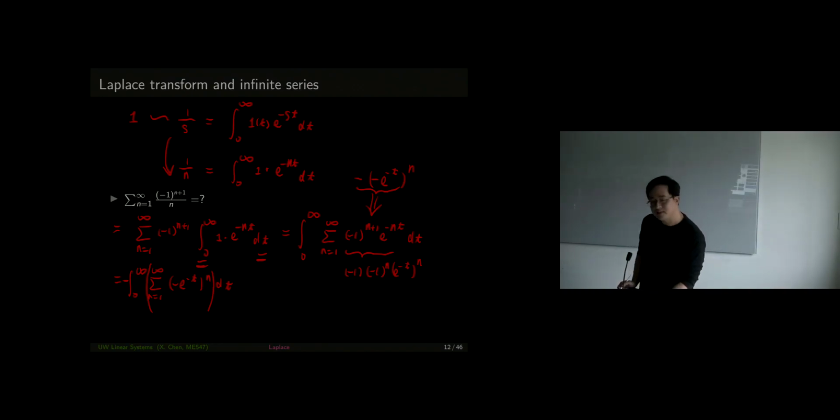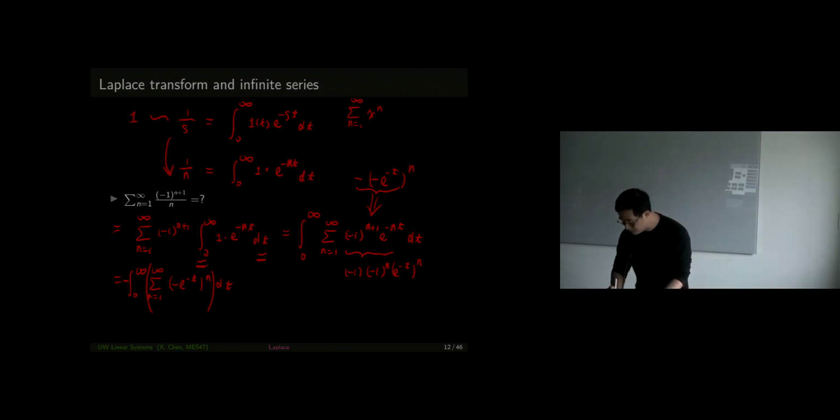This infinite summation is nothing but a special form of this. If I treat negative e to the power of negative t as x, I introduce this notation x, then this is nothing but calculating a simple power series, which we know.